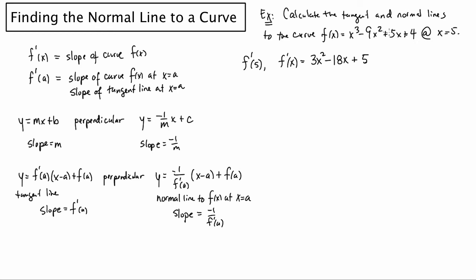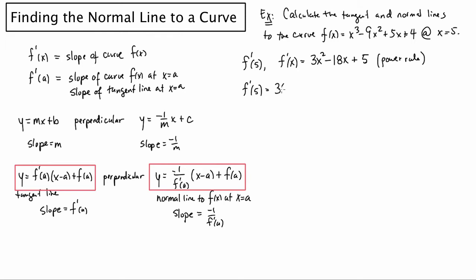If you need to, go back and review the power rule formula, but that's what I'm doing there. It's just the power rule. Thinking about the pieces we need, if I look at my two formulas, I'm going to need to form the tangent line and the normal line, so I need to know f prime at 5.